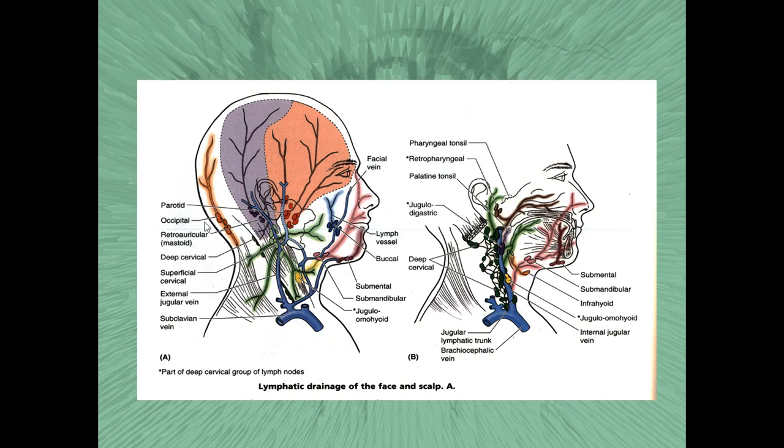The regional lymphatic nodes for the head are represented by the occipital lymph nodes located along the pathway of the occipital artery. Then the mastoid or retroauricular lymphatic nodes located posterior to the auricle.